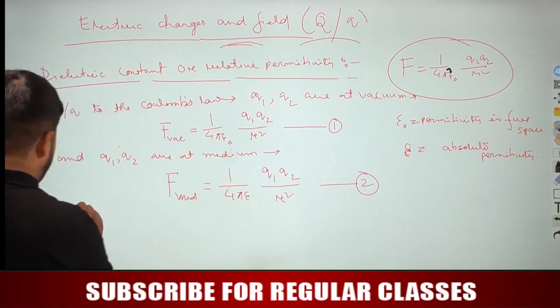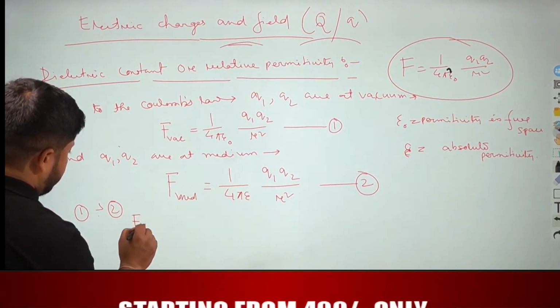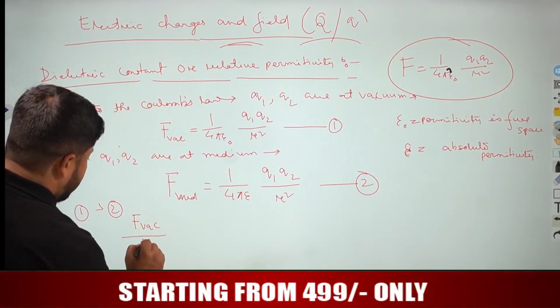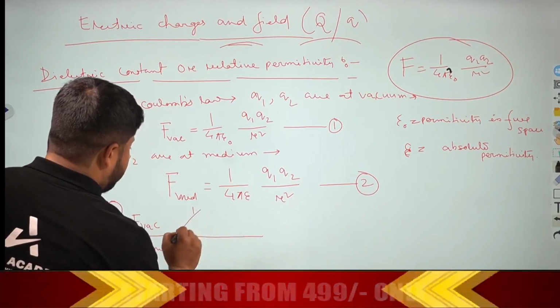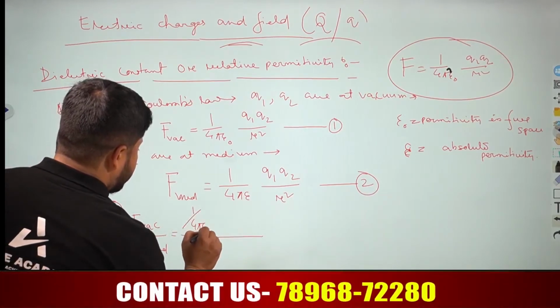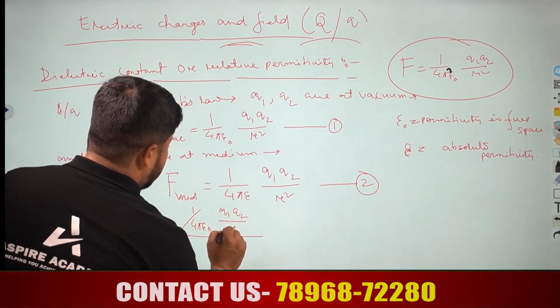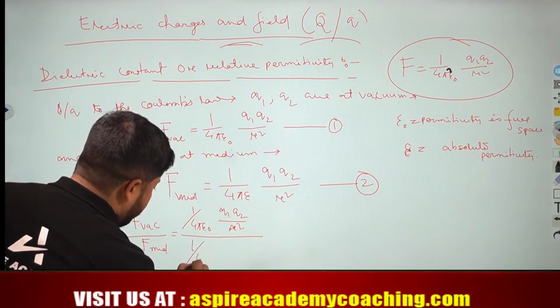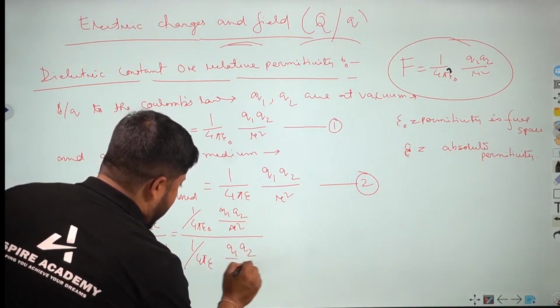Now divide equation 1 by 2. F vacuum by F medium is equal to 1 by 4 pi epsilon naught Q1 Q2 by R square divided by 1 by 4 pi epsilon Q1 Q2 by R square.